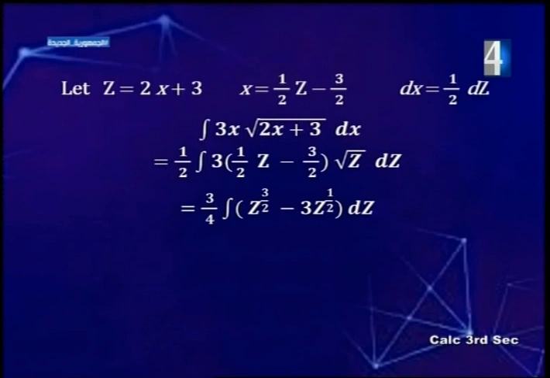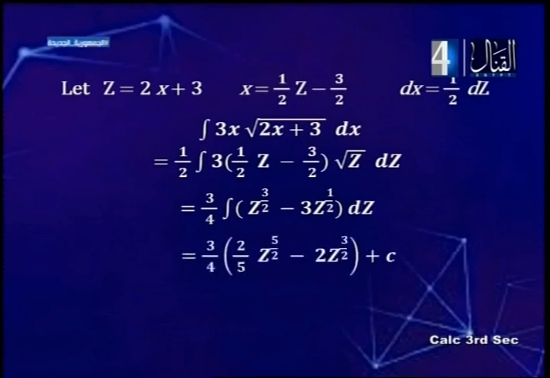Now the integration is very easy. 3 over 4 times the integration of z to the power 3 over 2 equals z to the power 5 over 2 divided by 5 over 2, or times 2 over 5, minus the integration of 3z to the power half, which equals 3z to the power 3 over 2 divided by 3 over 2, or 2 times z to the power 3 over 2, plus constant c.